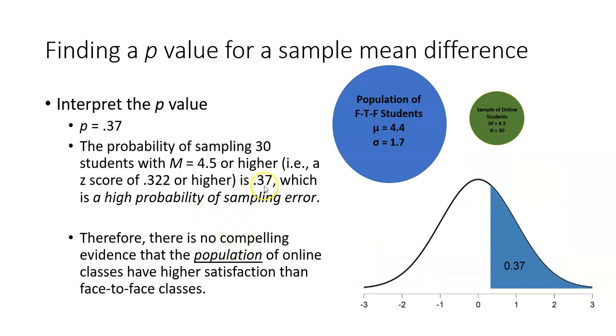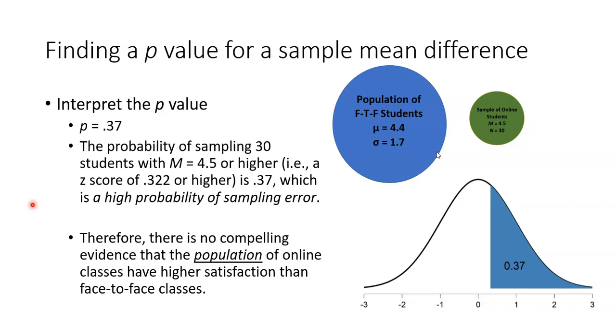And since that's such a high probability, you would make this conclusion: there's really no compelling evidence that the population of online students have a higher satisfaction score than the face-to-face students. Because this difference of 0.1 between these two means, that difference about a third of the time would happen due to sampling error.